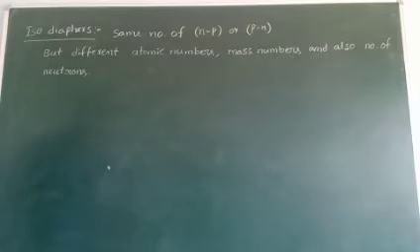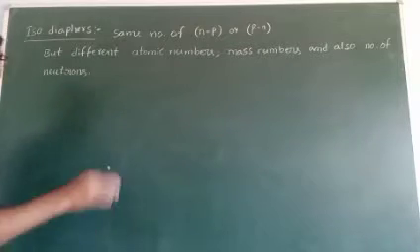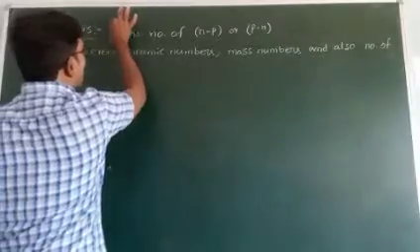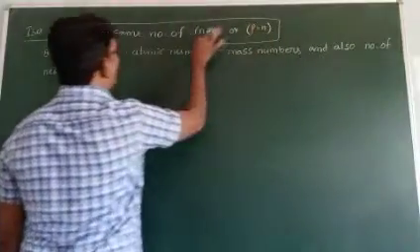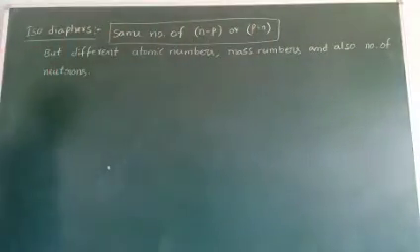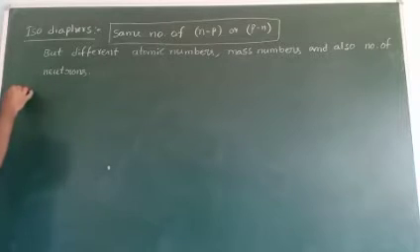So this is about isodiaphers. In isodiaphers, just remember this point, all of you: the same number of n minus p or p minus n. Okay, then an example for this one.